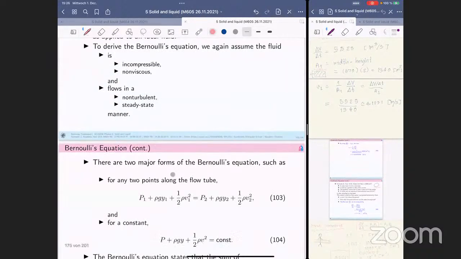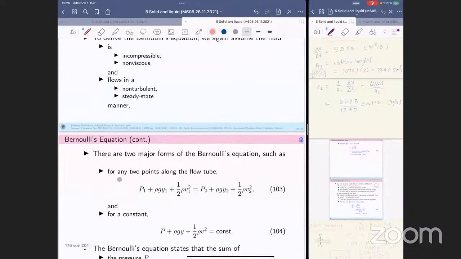Okay, there are two major forms of Bernoulli's equation. The first one is this one. It means for any points along the flow tube, location 1, location 2, you have P1, the pressure at the first location. You have Y1, the elevation at the first location.